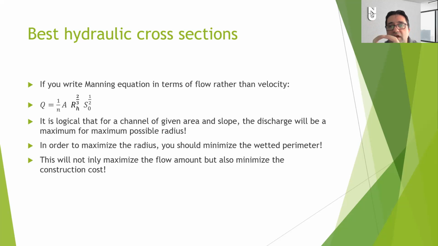Maximizing the area of the flow means that you can maximize the flow rate. So there is always one single solution which maximizes the amount of flow while minimizing the friction. Such designs are called best hydraulic cross-section designs.